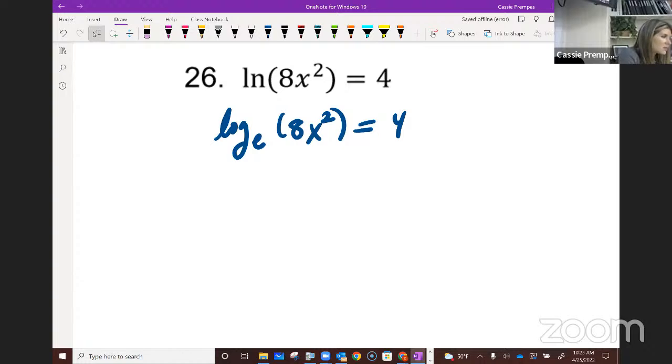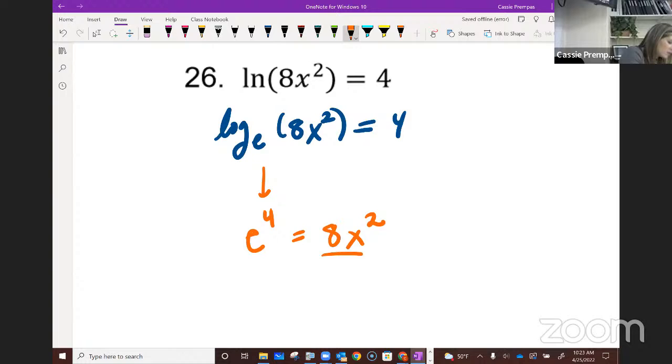Well, how do I get that x by itself? What can I do to get rid of a log? Put it back into the other form. So the only way that you can get rid of a log is if you put it to the other form. So I would drop the e, raise it to the 4th power is equal to 8x squared.